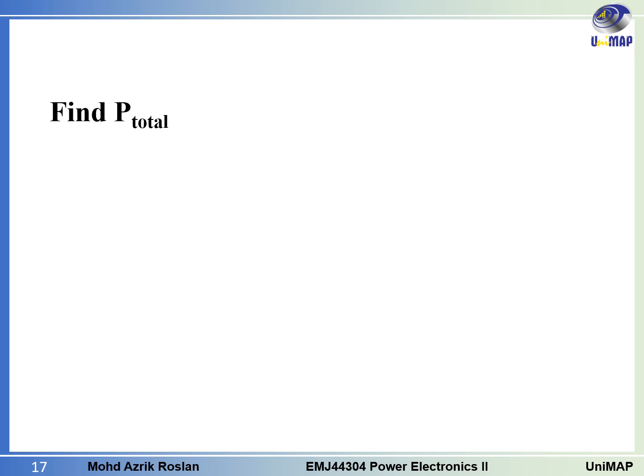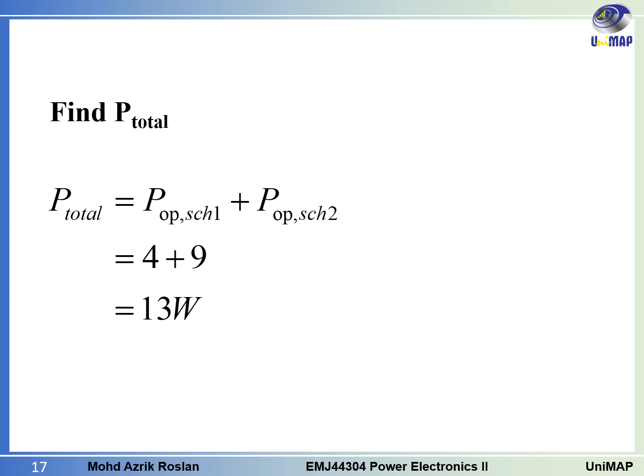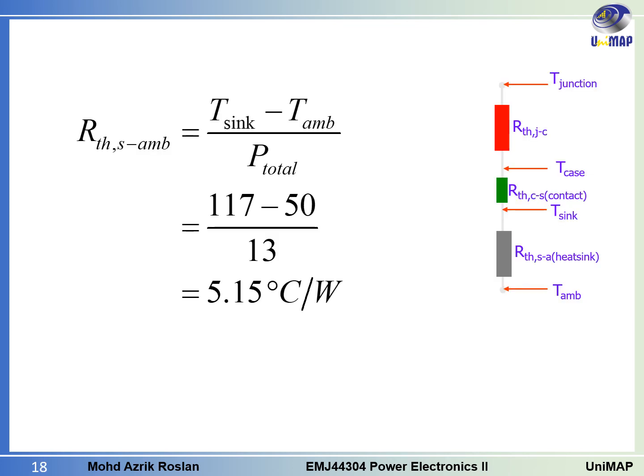Next, we have to find the total power. We have the power for Schottky 1, which is 4, and for Schottky 2 we have 9, so the total power is 13 watt. Then when we want to find the Rth sink to ambient, we have to take the T sink, the temperature at the heat sink, minus the ambient temperature, divided by the total power, and then we will get the Rth sink to ambient equal to 5.15 degrees C per watt.